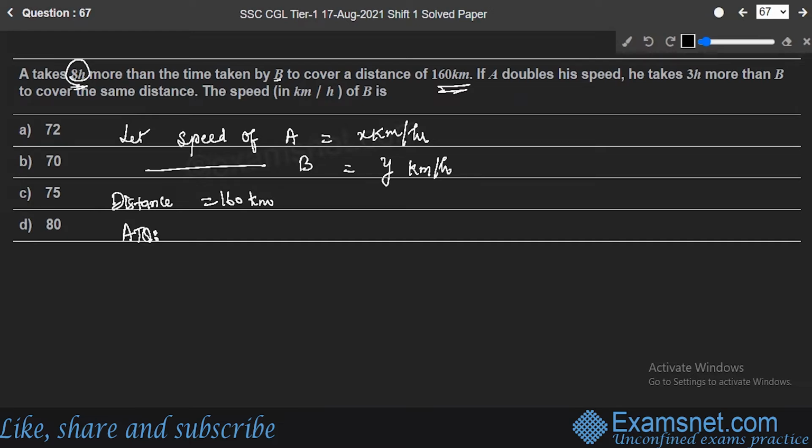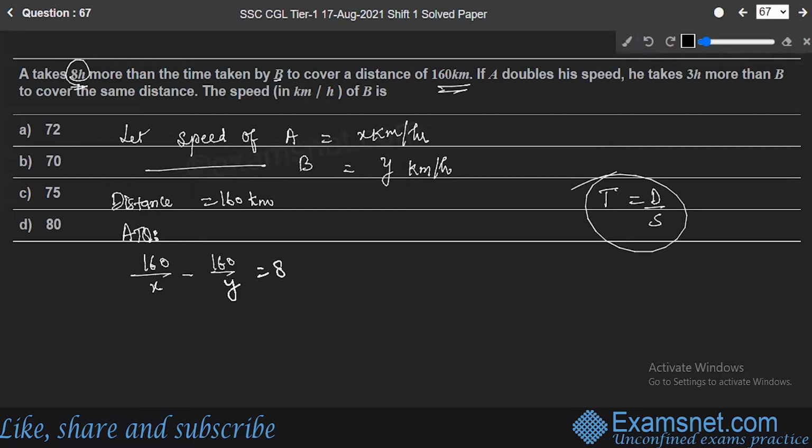Here the formula that we'll be using is time is equal to distance upon speed. So 160 upon x minus 160 upon y, the speed of B. This is the time taken by A, this is the time taken by B. The difference between them is 8, right?